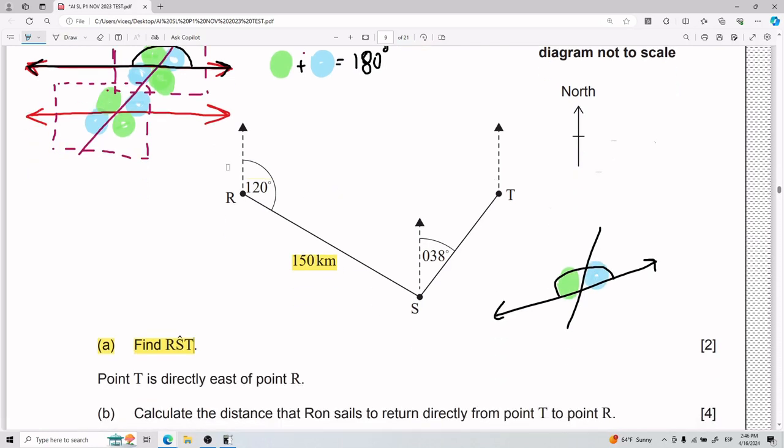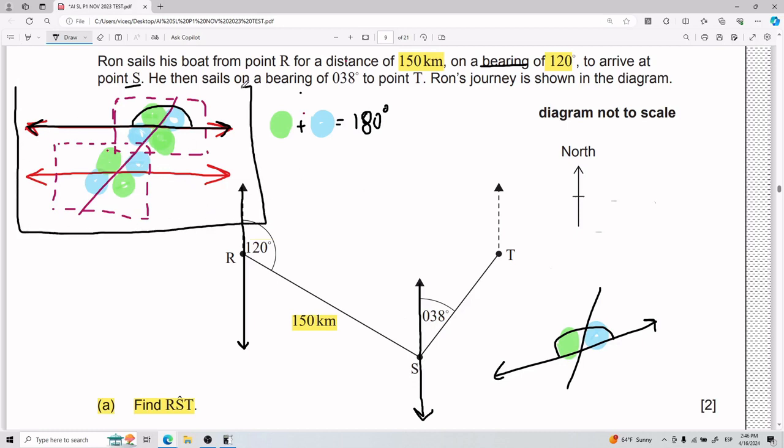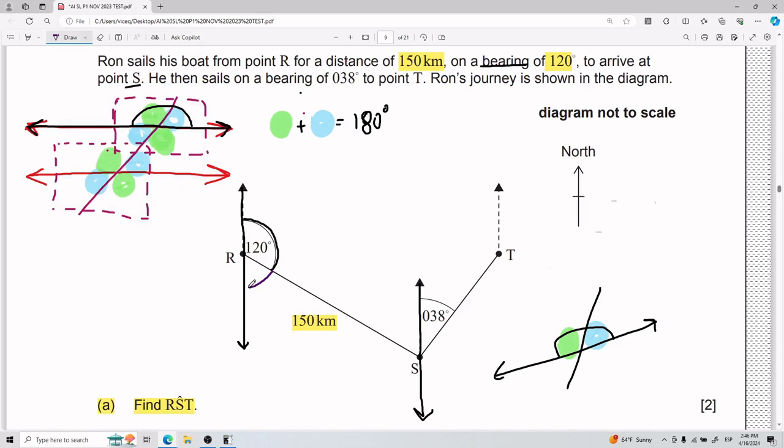So why is this useful? Well, because you have a bunch of parallel lines, extend them. So I'm going to extend one over here and one over there. Now suddenly you have something very similar to what's going on over here, only that it's sort of flipped, but the same idea applies. So let's go piece by piece. If this is 120, then how much is this?